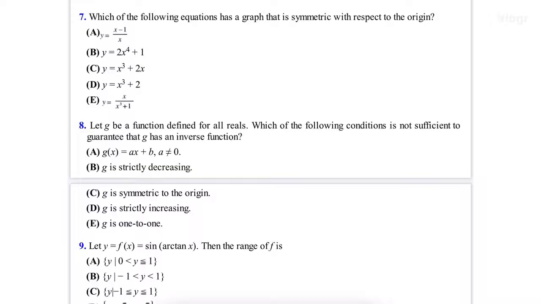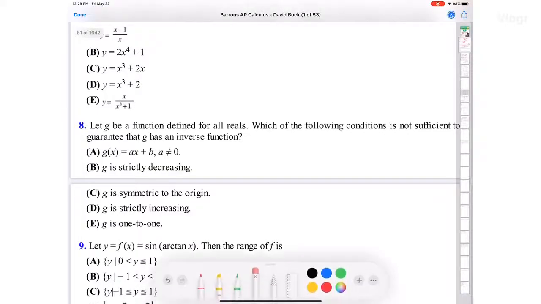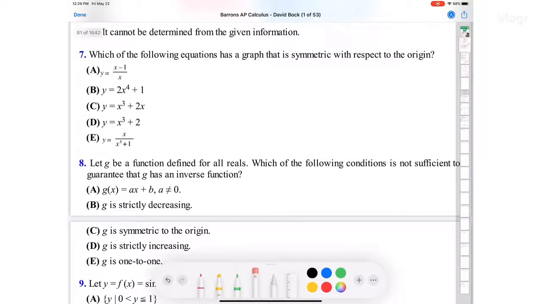Which of the following equations has a graph that is symmetric with respect to the origin? It says the graph should be what? Symmetric with respect to the origin. So what is symmetric with respect to the origin?